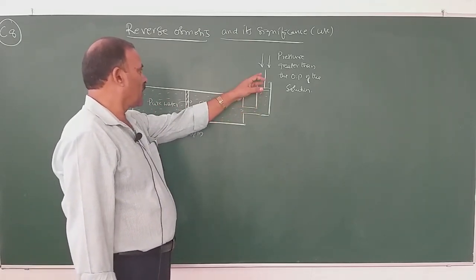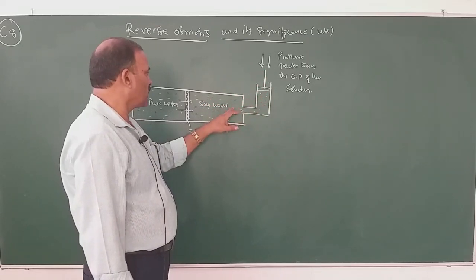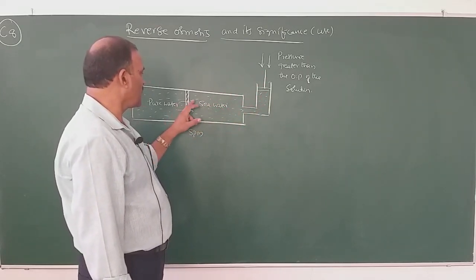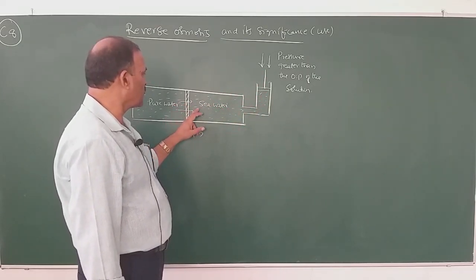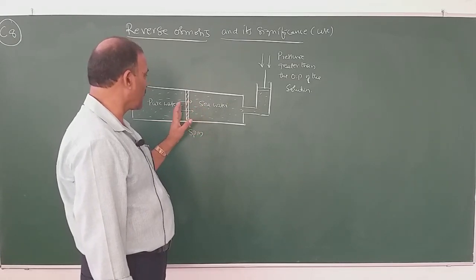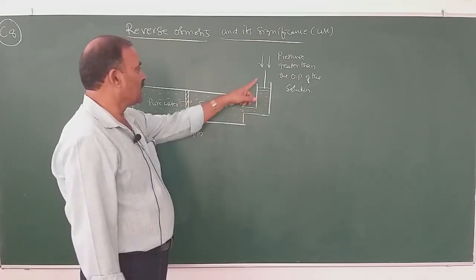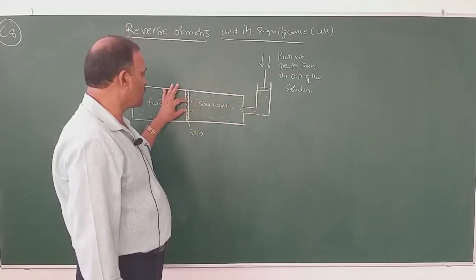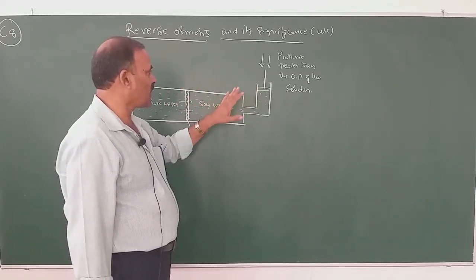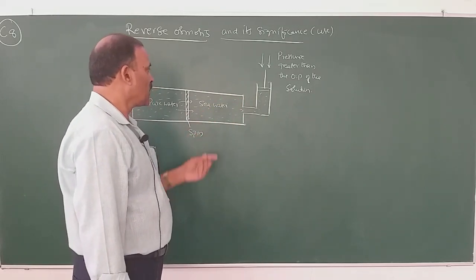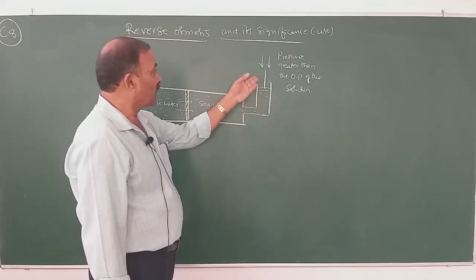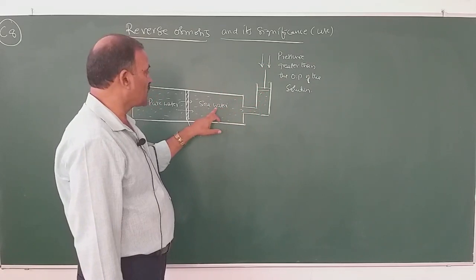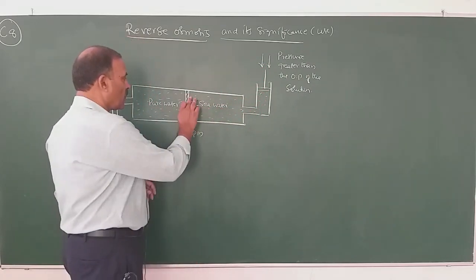By applying pressure on the solution side, we can prevent the flow of water into the solution, or we can prevent osmosis. The minimum pressure applied on the solution to just prevent osmosis is known as osmotic pressure. So if pressure greater than osmotic pressure is applied on the solution, what happens?